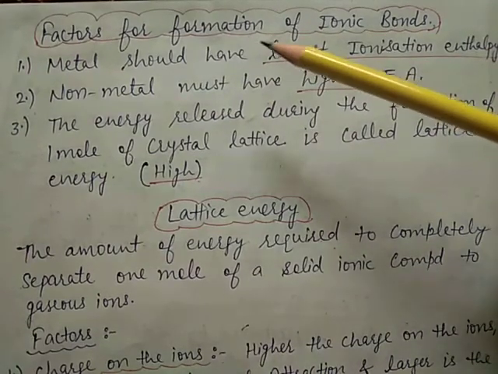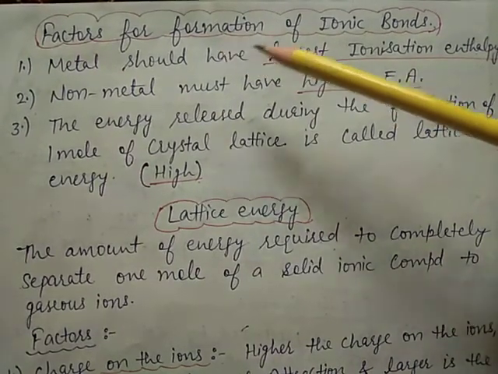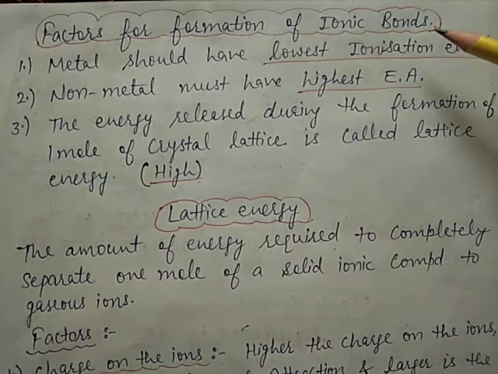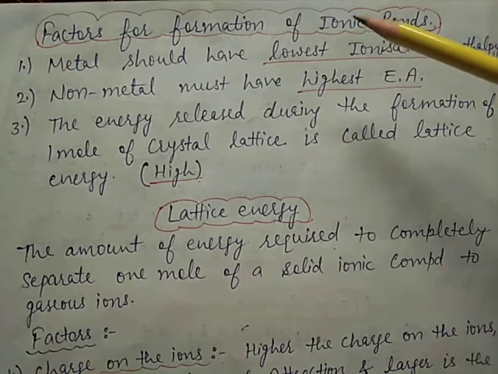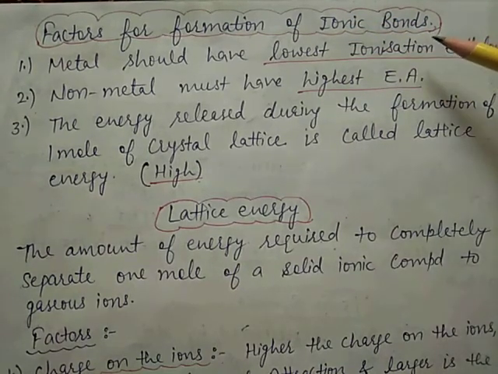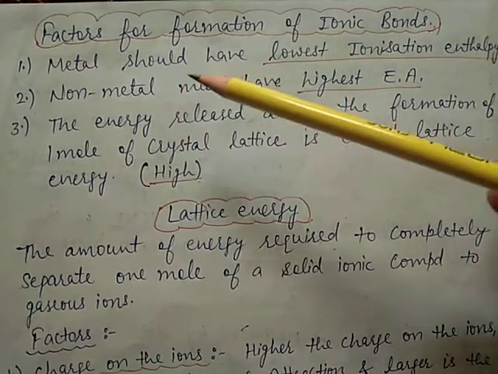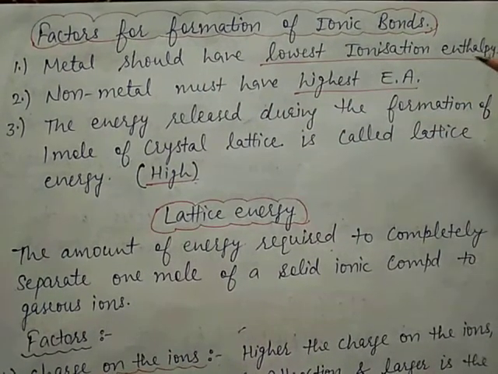Now the next topic is factors for formation of an ionic bond, meaning what are the factors affecting the formation of an ionic bond. First point, the metal should have the lowest ionization enthalpy.